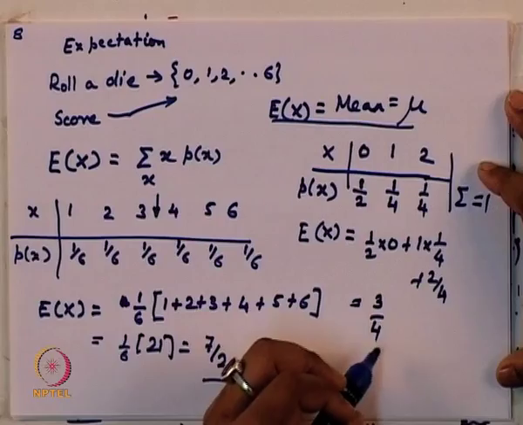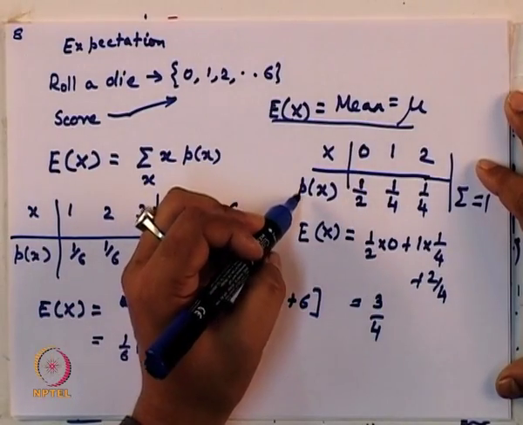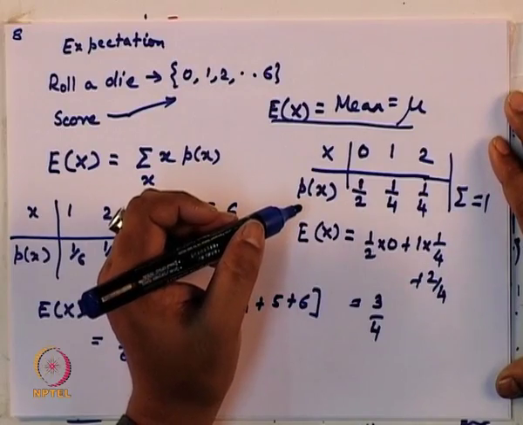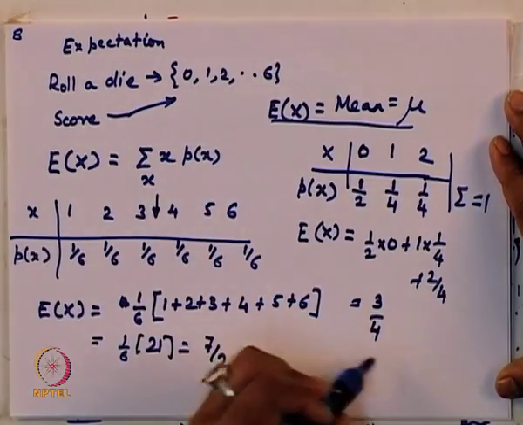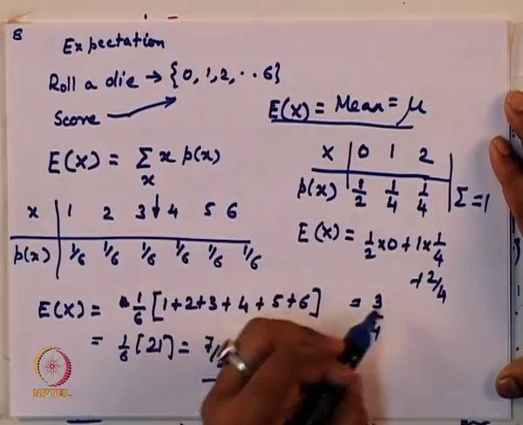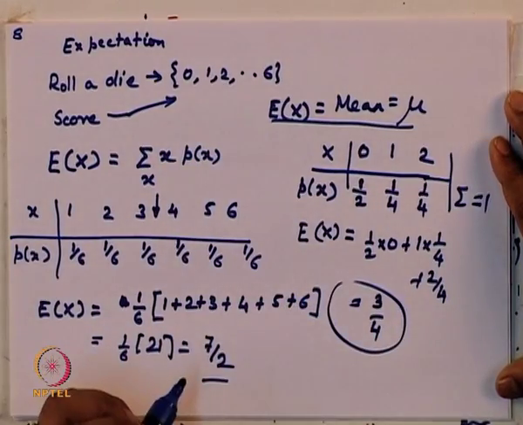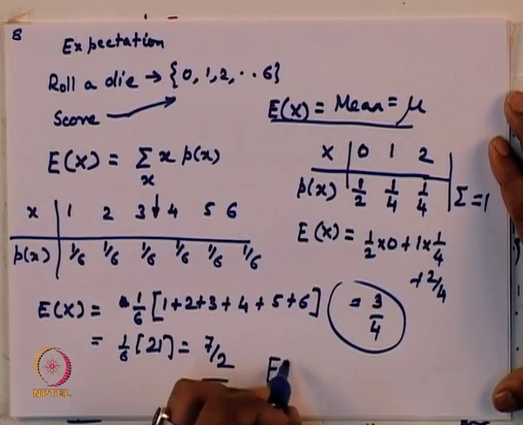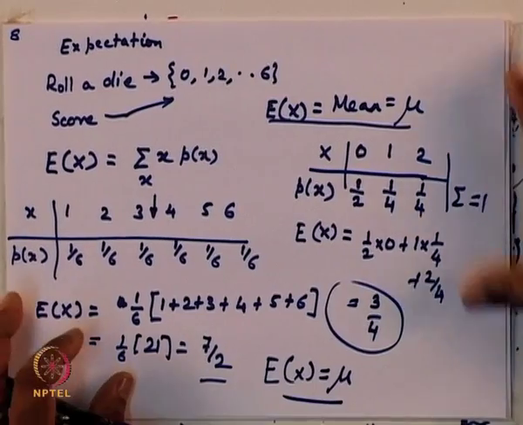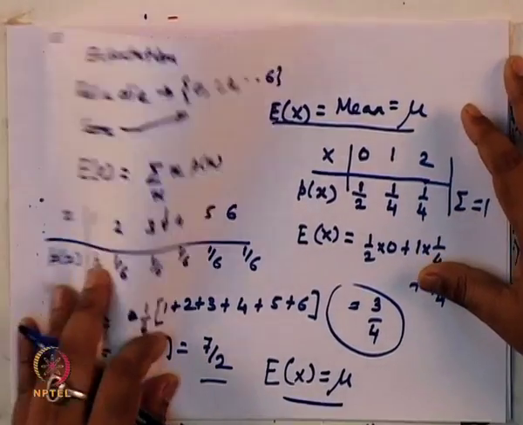If you take these probabilities as your weights, your weighted average of these is nothing but this value itself. So, expectation always gives you the value of mean.